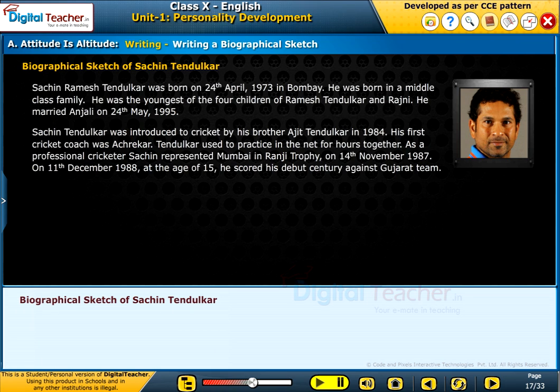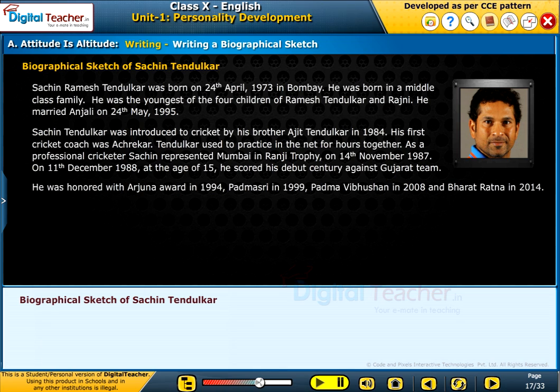As a professional cricketer, Sachin represented Mumbai in Ranji Trophy on 14 November 1987. On 11 December 1988, at the age of 15, he scored his debut century against Gujarat team. He was honoured with Arjuna Award in 1994, Padma Shri in 1999, Padma Vibhushan in 2008 and Bharat Ratna in 2014.